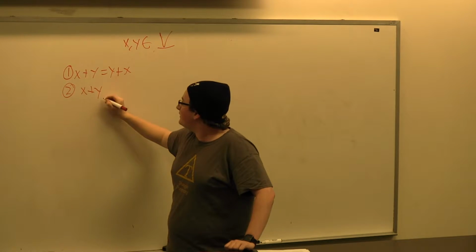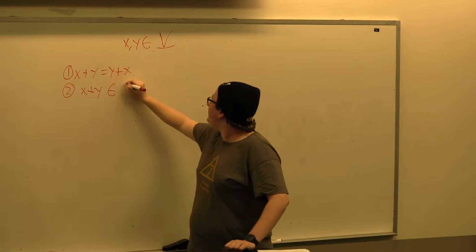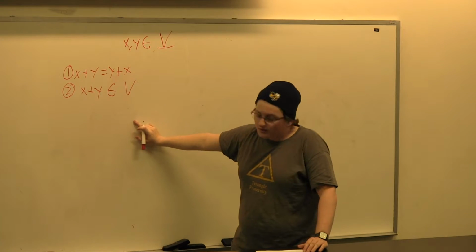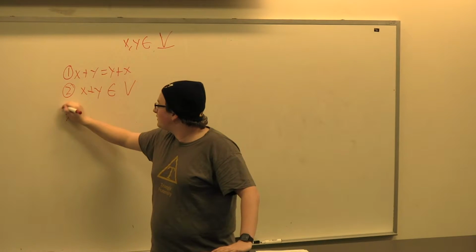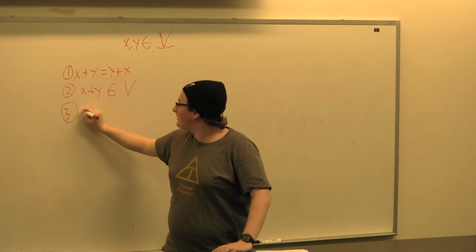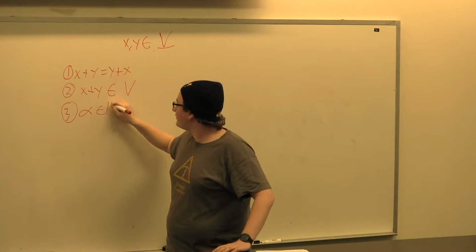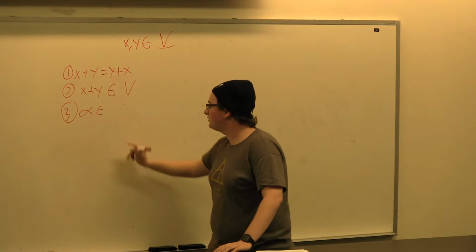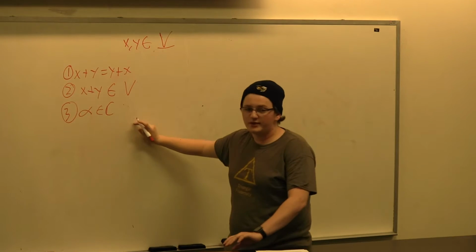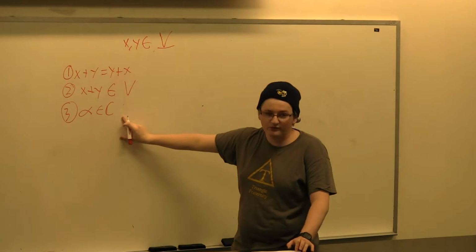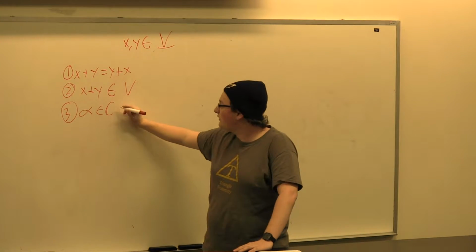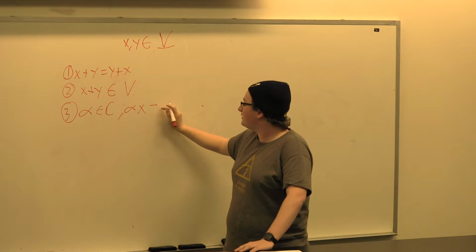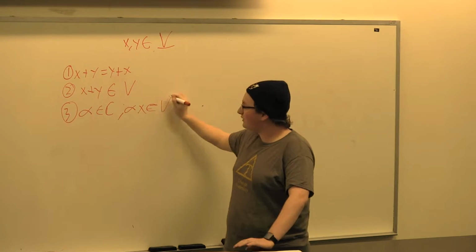X plus Y has to be contained in V, so it's closed under addition. If I have any scalar alpha, which is a real number, or to be more general, a complex number, it also works if I put in the restriction of real numbers. Alpha X has to be contained in V.